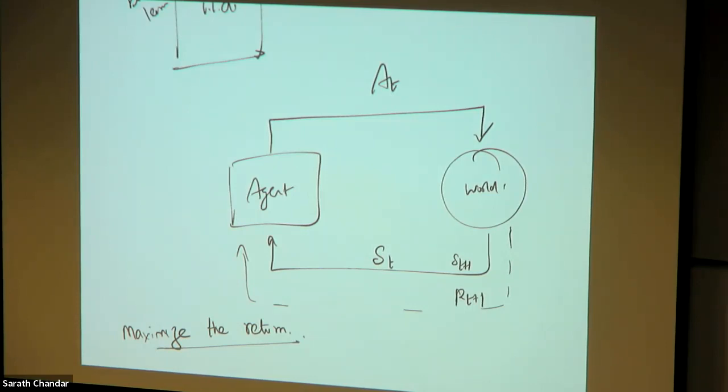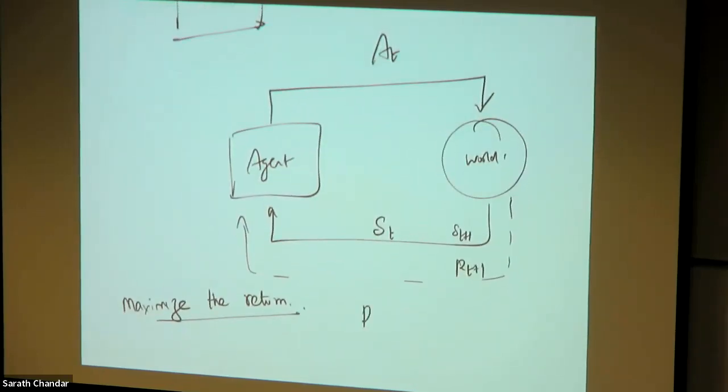Reward is instantaneous: at the next time step you get a reward. But when I say return, it just means R_{t+1} plus so on, the sum of all the future rewards, right? We also talked about how to define this efficiently when you have an infinite episode.